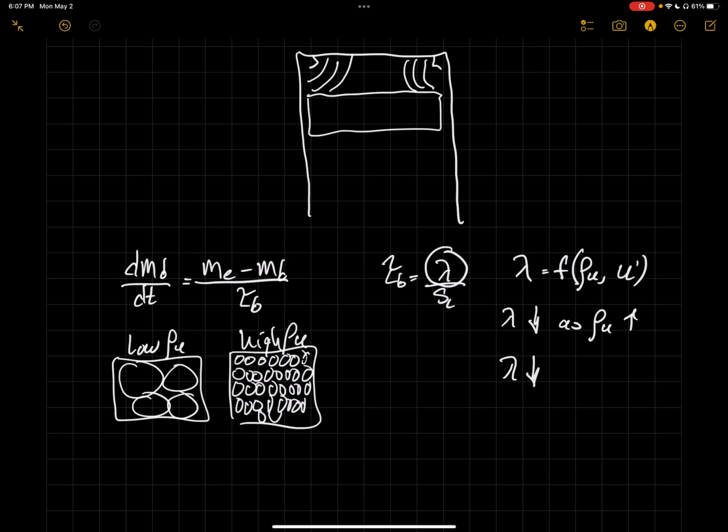Likewise, lambda has a tendency to decrease as the turbulent intensity increases.